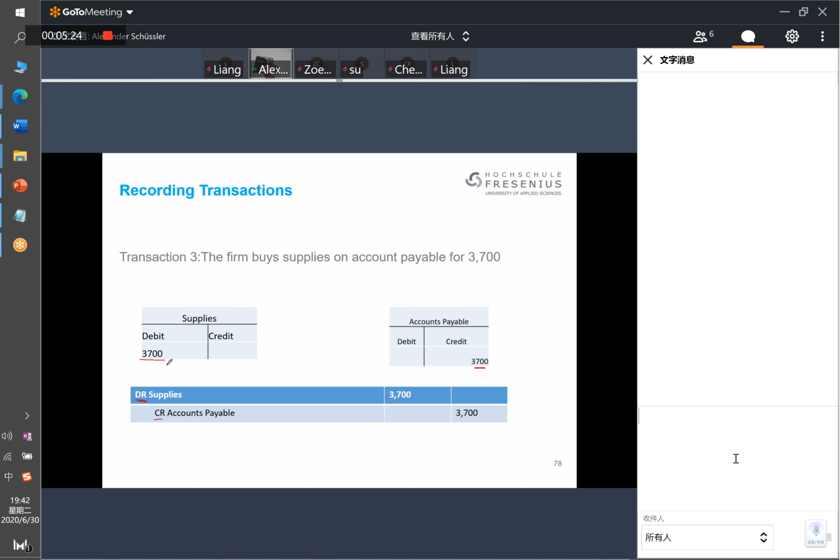Supplies is an asset account; when we debit it, it goes up. Accounts payable is a liability account; when you credit it, it goes up. It doesn't go down, it goes up.